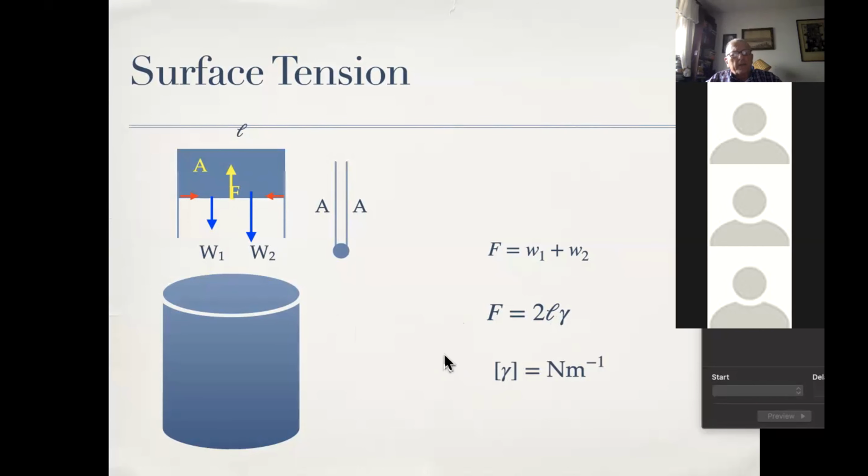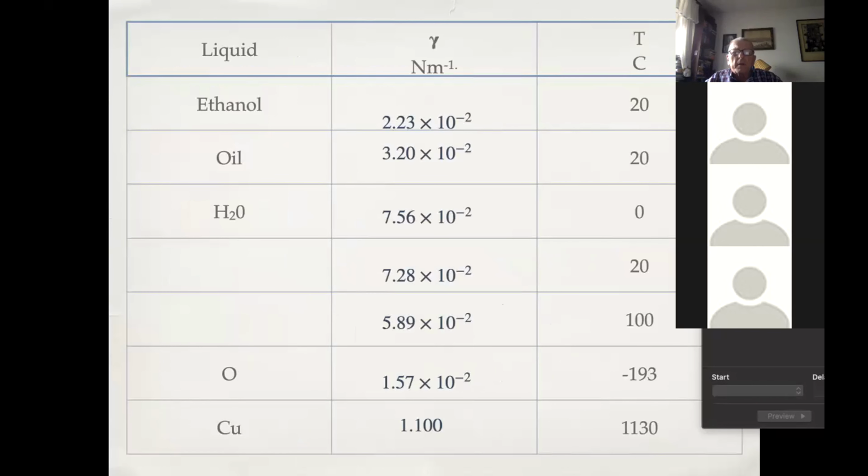All right, this is a table which shows you the values of the surface tension for different kinds of liquids and at different temperatures measured in centigrade.